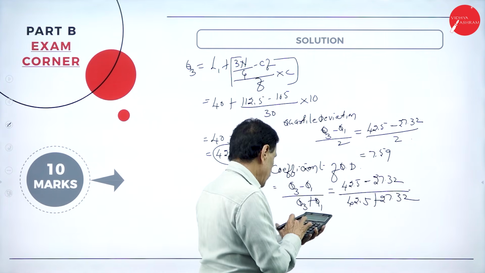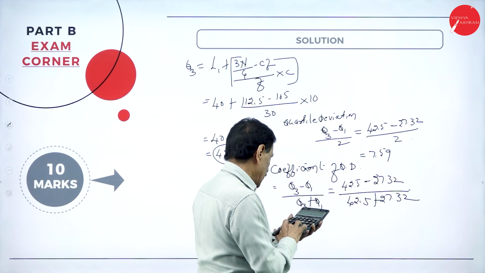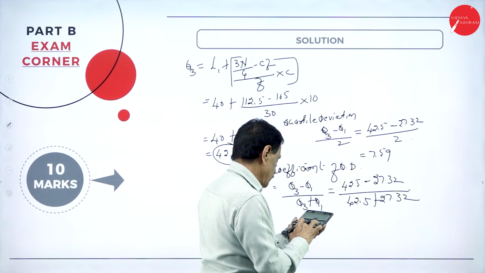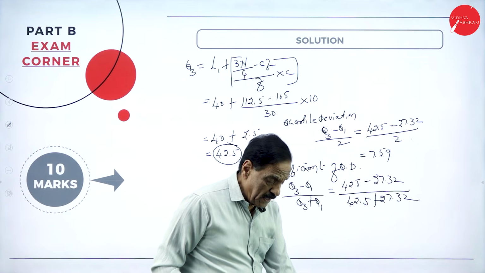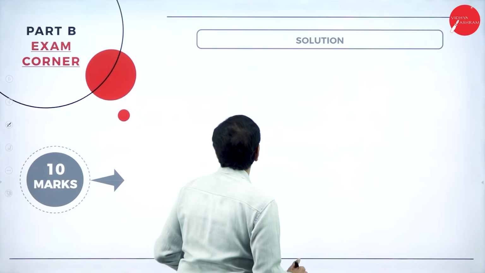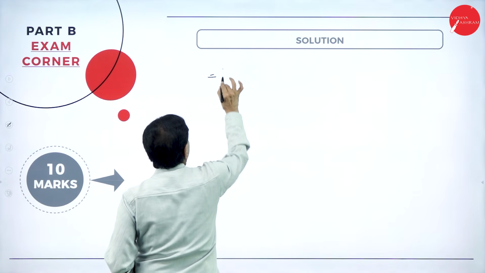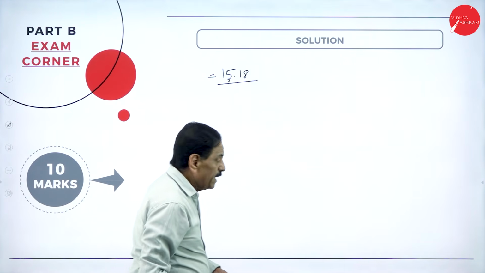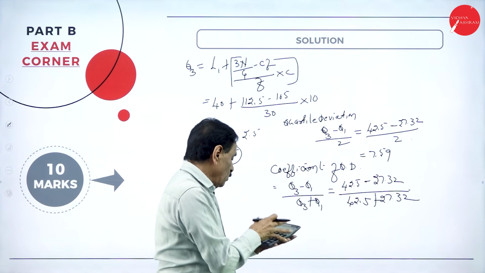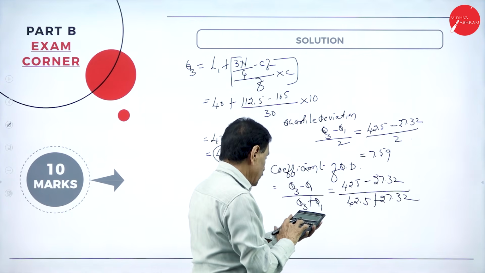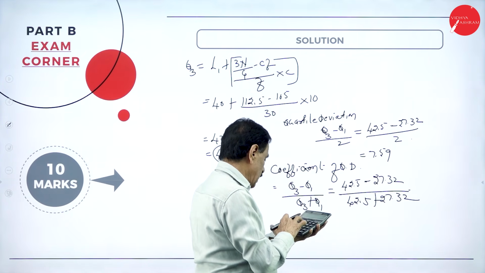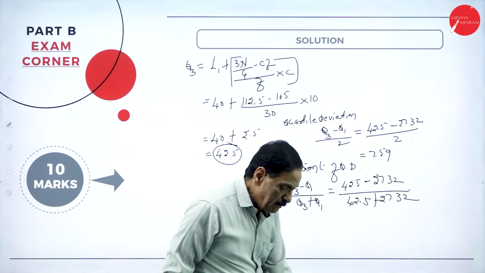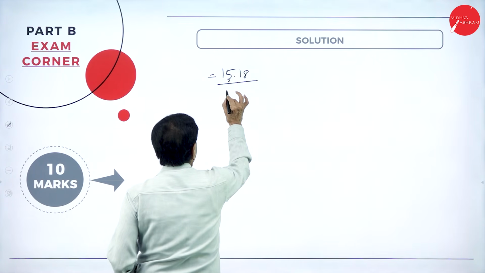If I subtract 42.5 minus 27.32, 15.18. If I add 42.5 plus 27.32, 69.82.